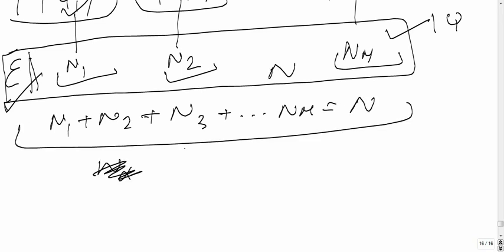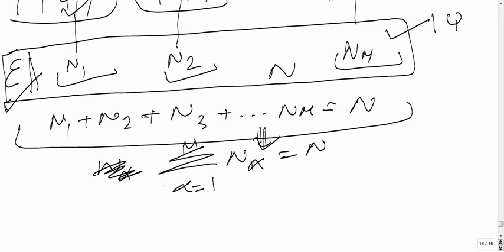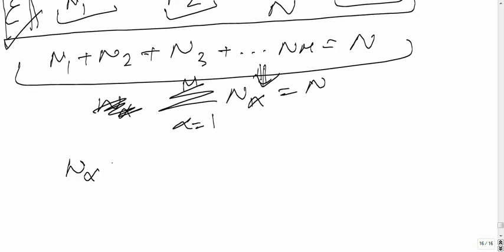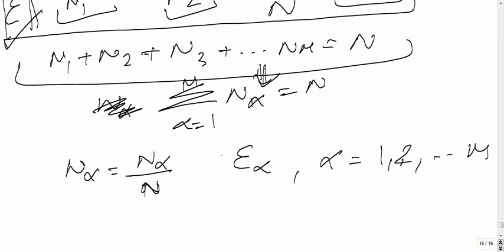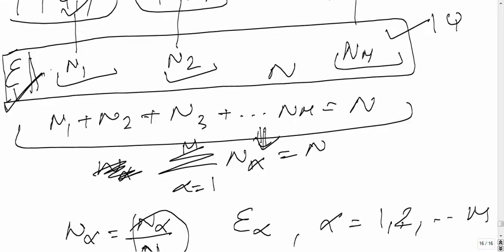Alpha is some index varying from 1 to m, so we have written the expression as a summation. This allows us to define another quantity, W alpha, which characterizes the fraction of quantum systems in the ensemble E taken from the ensemble epsilon alpha, where alpha can be 1, 2, up to m.